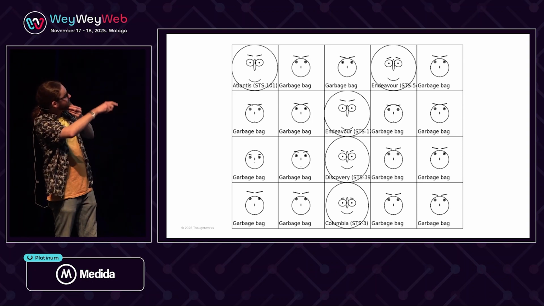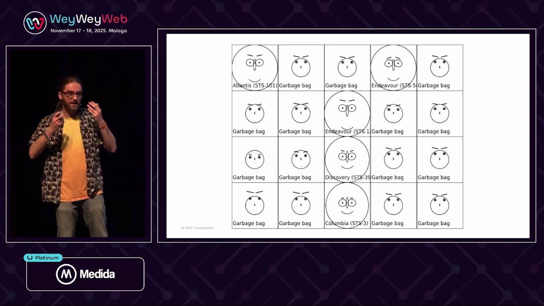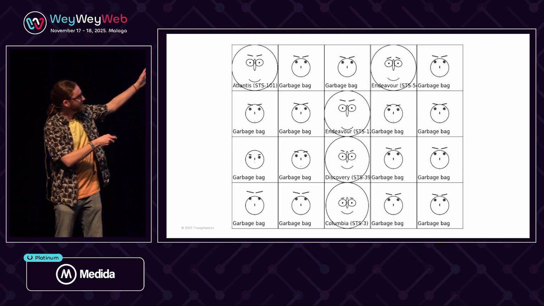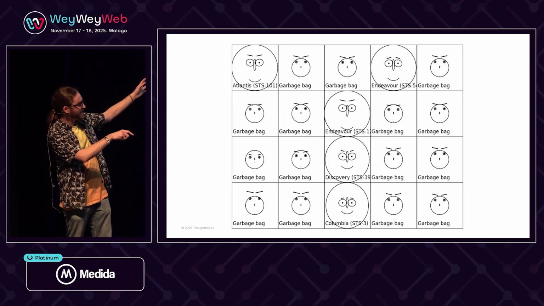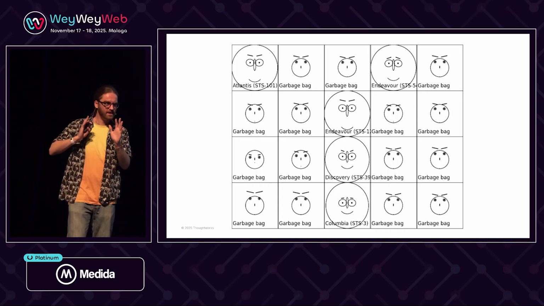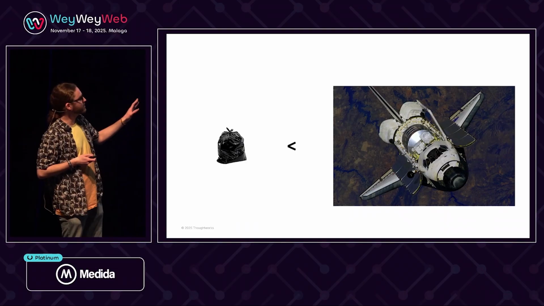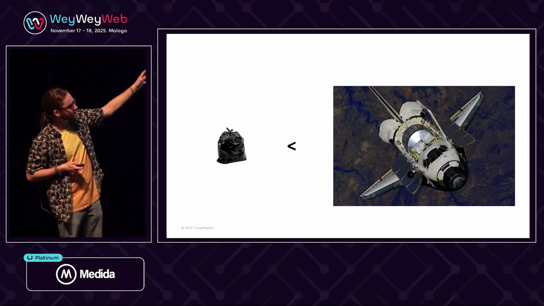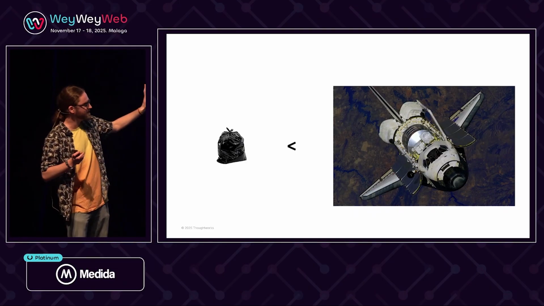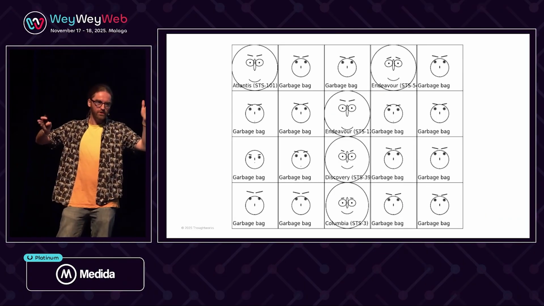So we've got all of these garbage bags, and then we have these big faces, which are actually space shuttles. So it makes sense that the garbage bags are small and the space shuttles are big. This is some pretty advanced aerospace engineering here, but generally speaking, garbage bags are smaller than space shuttles. But what this does is create a bimodal distribution.